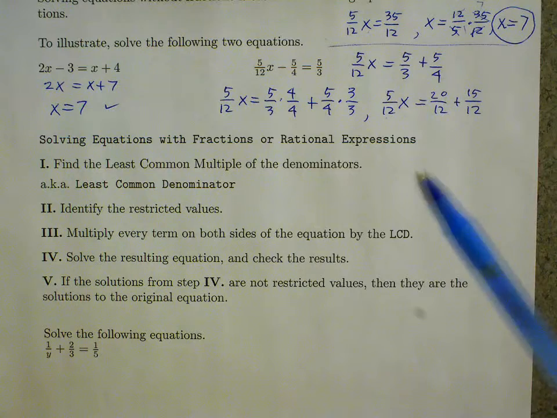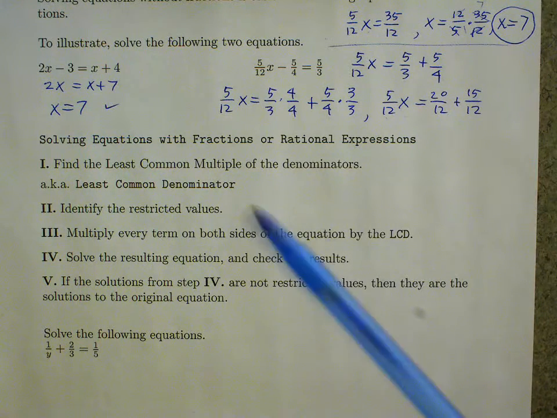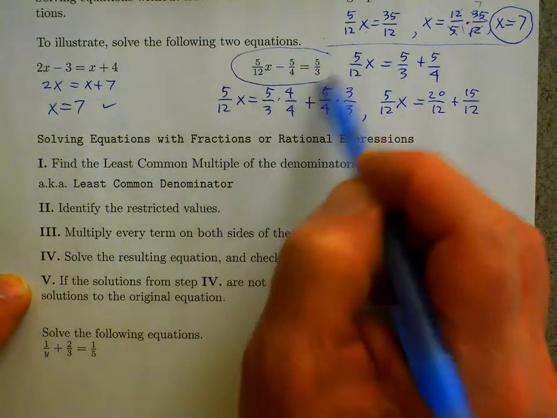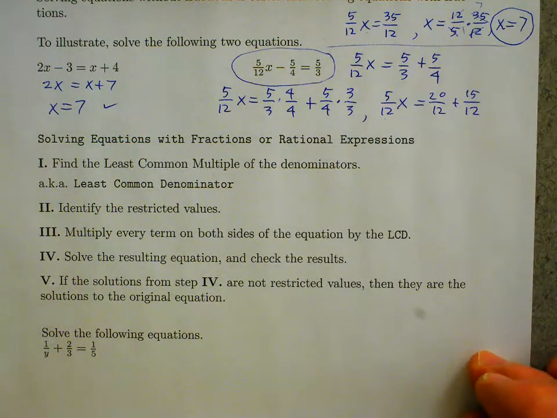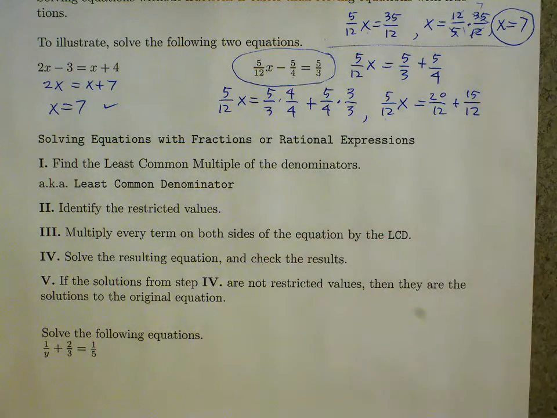If the denominators are just numbers, non-zero numbers, like this one, there are no restricted values because the denominators are just non-zero numbers.